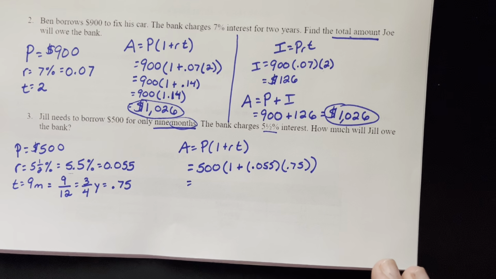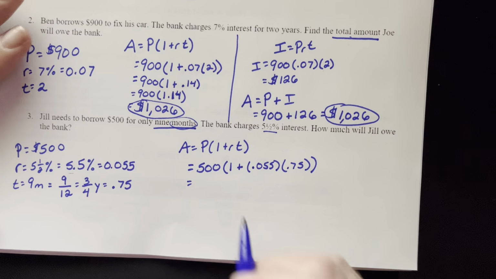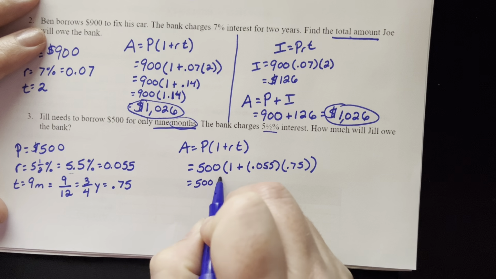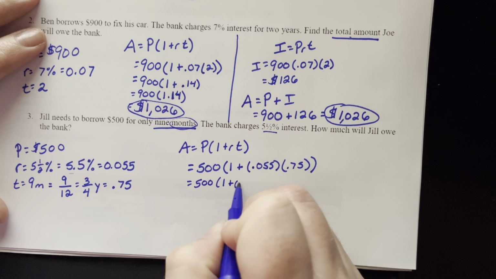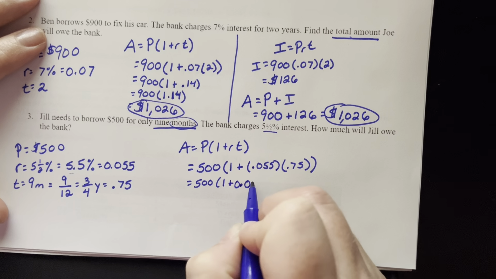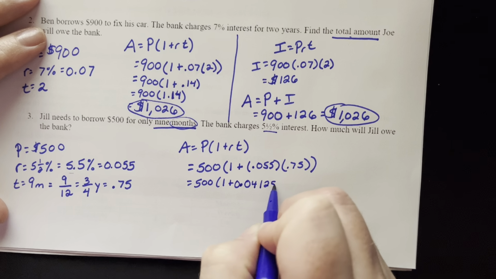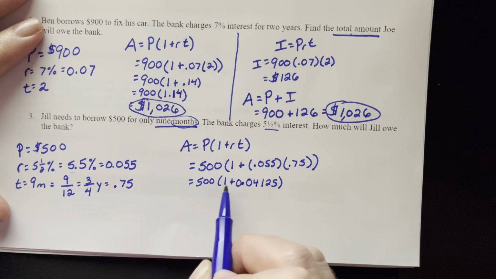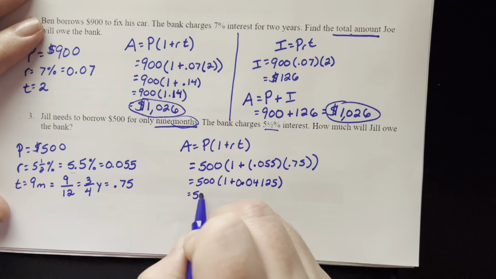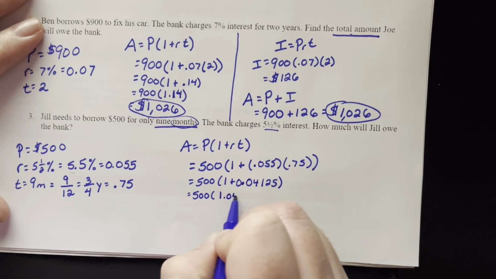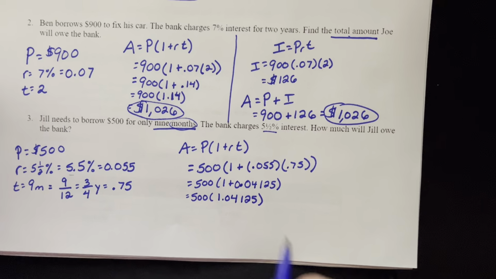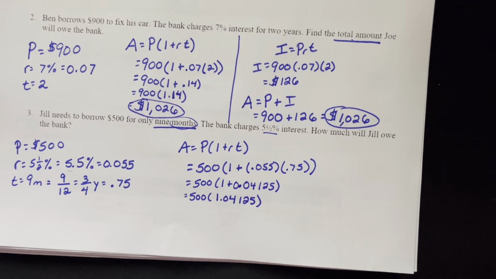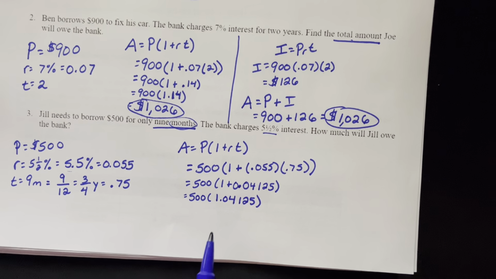So 0.055 times 0.75 gives us 0.04125. We then do the addition, 1.04125. And now we can do the multiplication by 500.